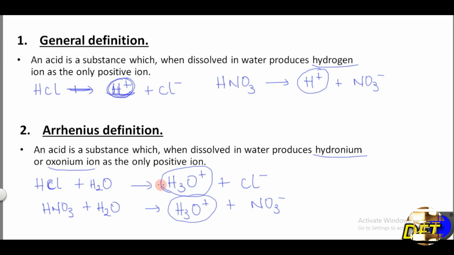And we also gave an illustration of that here. Hydrochloric acid reacting with water to form hydronium ion, also known as oxonium ion, as the only positive ion, right? So this is an acid, this is an acid, this is an acid, this is an acid, right?